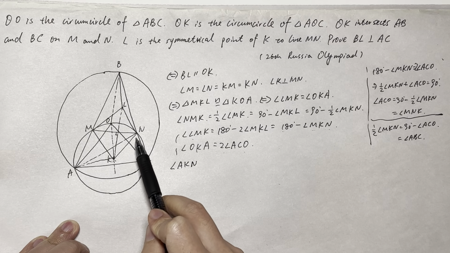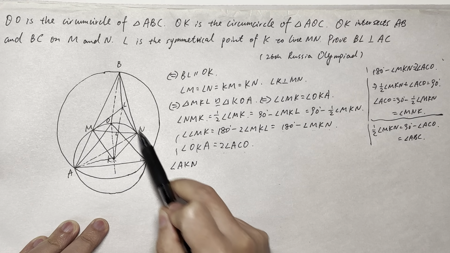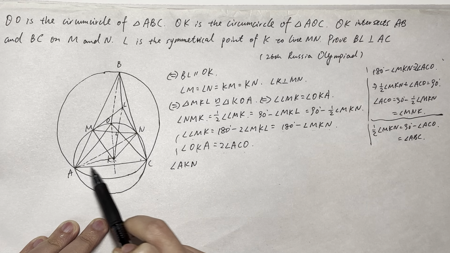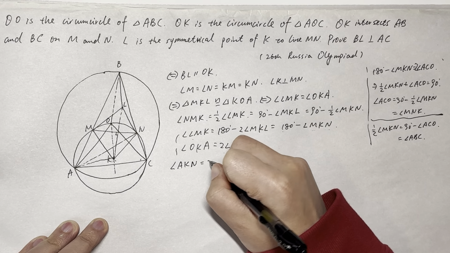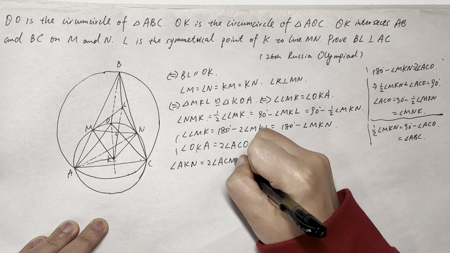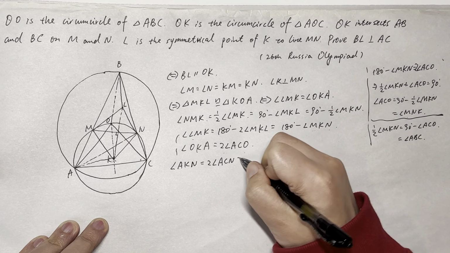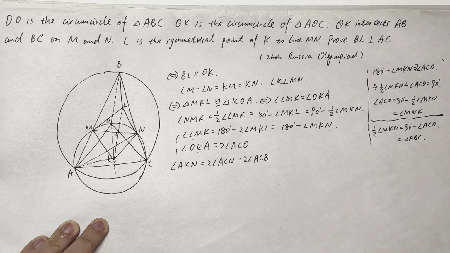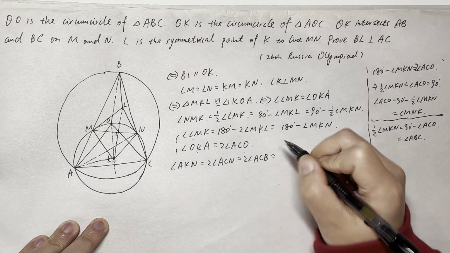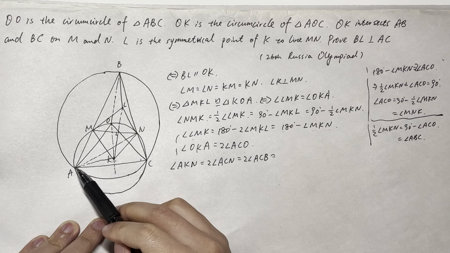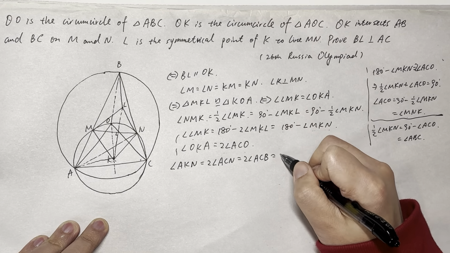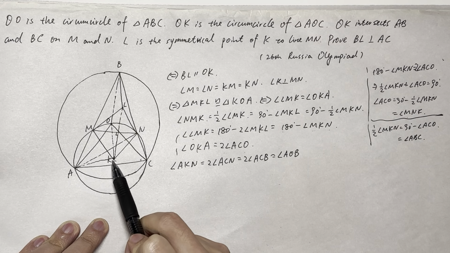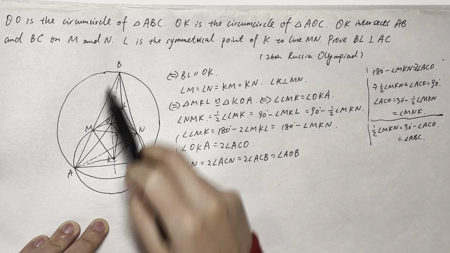In the circle K, angle AKN equals twice of angle ACN. Right? Angle ACN is angle ACB. Twice of angle ACB equals angle AOB, which means angle AKN equals angle AOB.